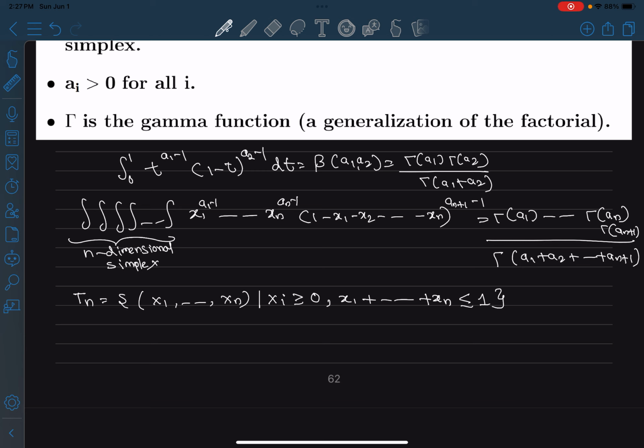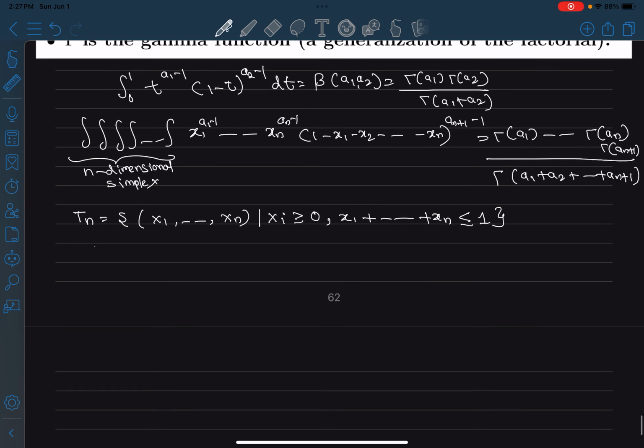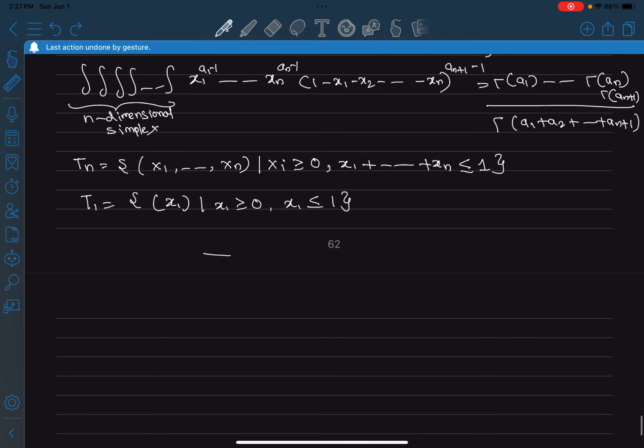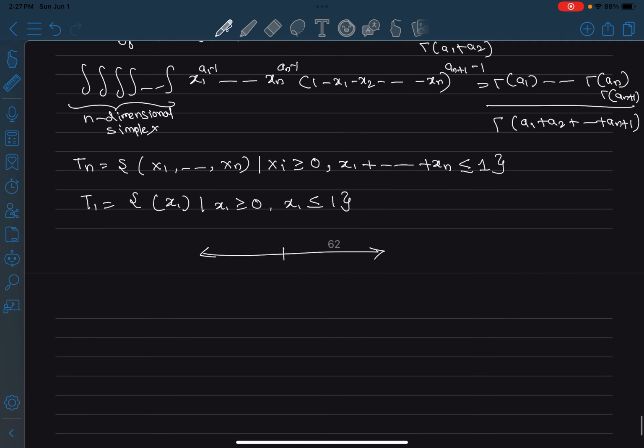So let's see how this looks in one dimension. In one dimension, this is just the set of x1 such that x1 is positive and x1 is less than or equal to 1, right? Let's say I have a one-dimensional coordinate, that means a real number line, and 0.